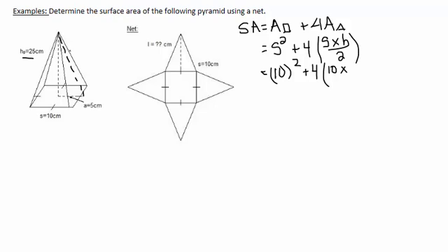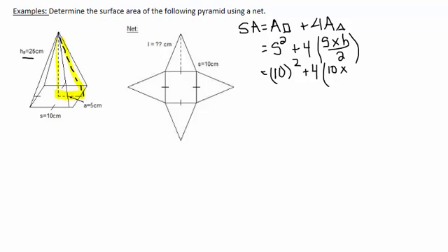For these types of questions, there's always an extra calculation that you have to do aside, and that is calculating the length of this height here, and we call it the slant height. To figure out the slant height, if you notice, these form a right angle triangle.